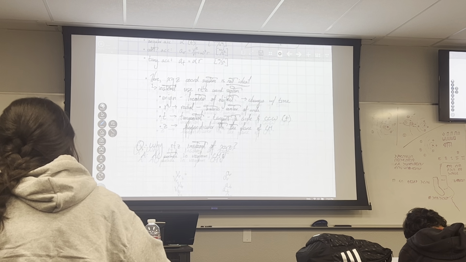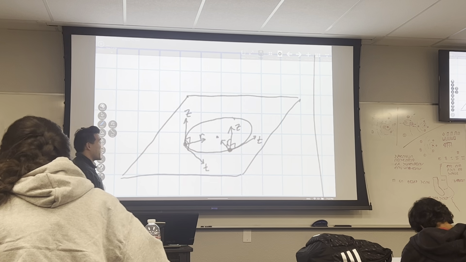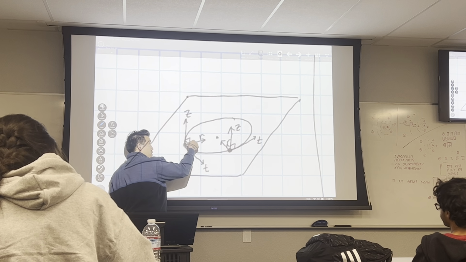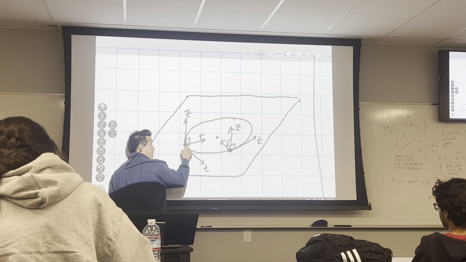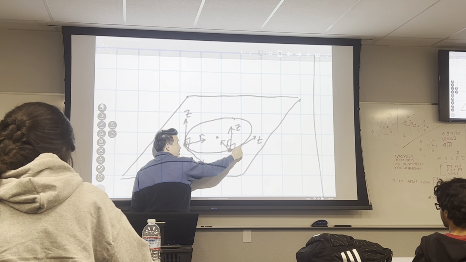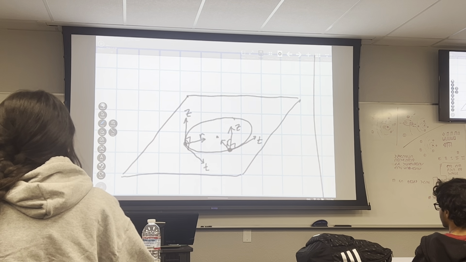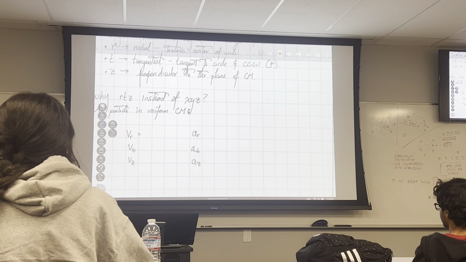VR, in a circular motion, VR just means, is it going towards the circle or is it going out of the circle? If it's constantly moving in a circle, are we getting closer to the center or further from the center? And the answer is no, so VR is going to be 0.